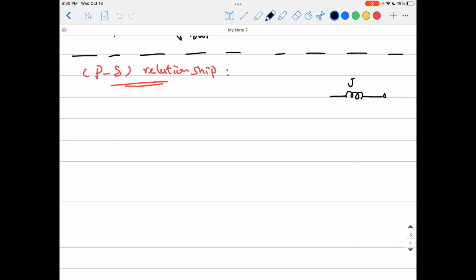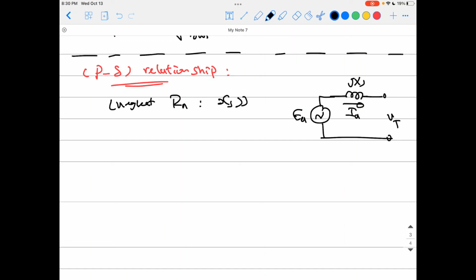That is jXS, that is EA, that is the V terminal, that is IA. What I did here is neglect the resistance, because like we said last time, XS is much higher than the armature resistance, so it will not be very inaccurate if you neglect it for the sake of easier formulas to deal with.